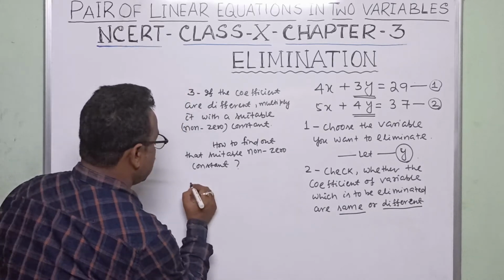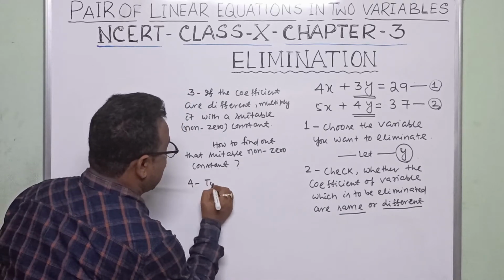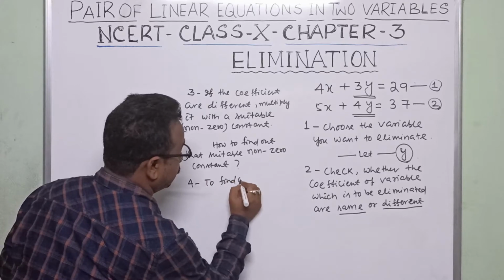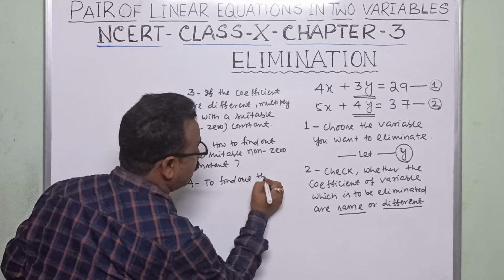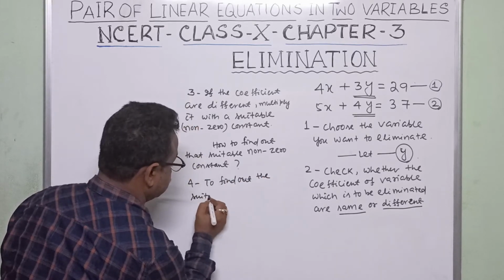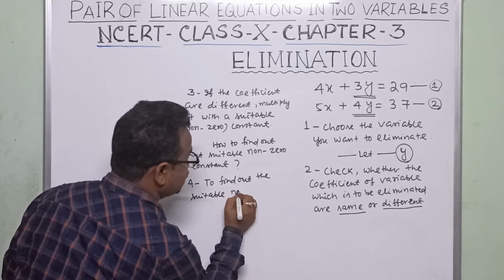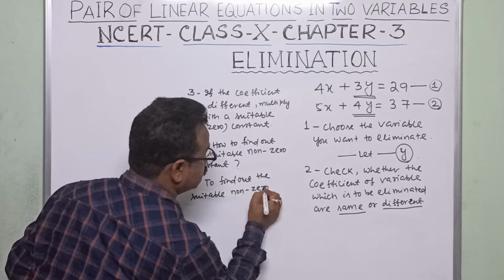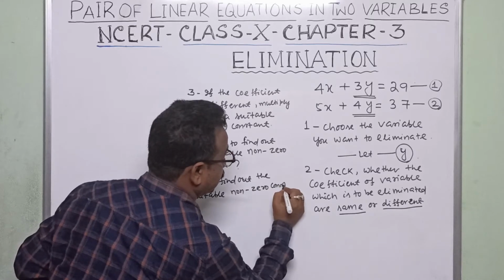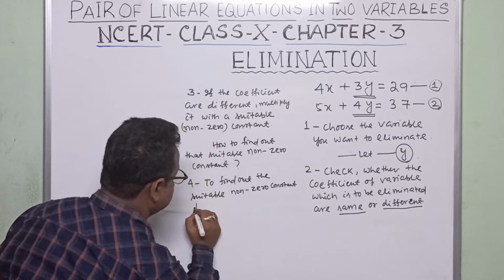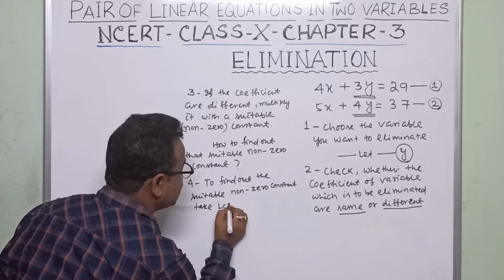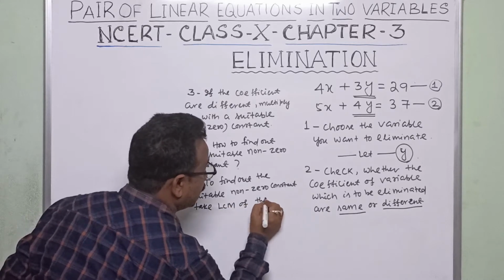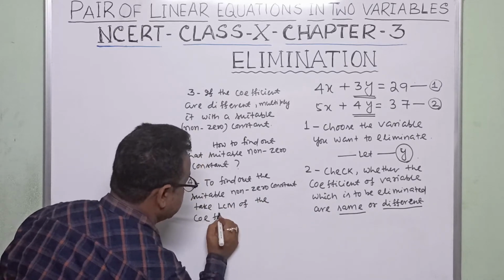So, point 4. To find out the suitable non-zero constant, take the LCM of the coefficients.